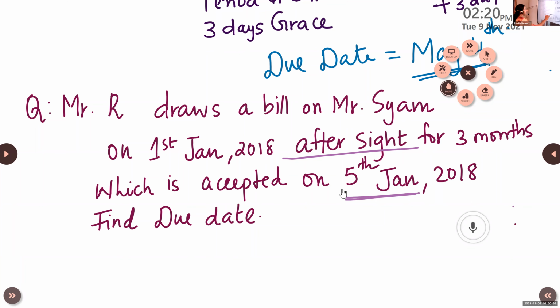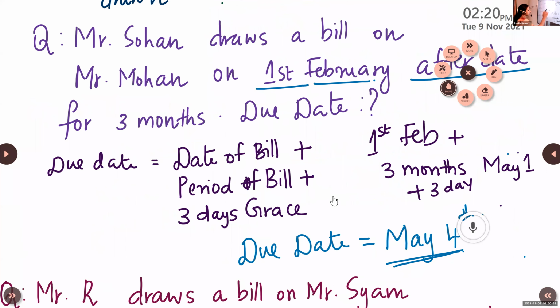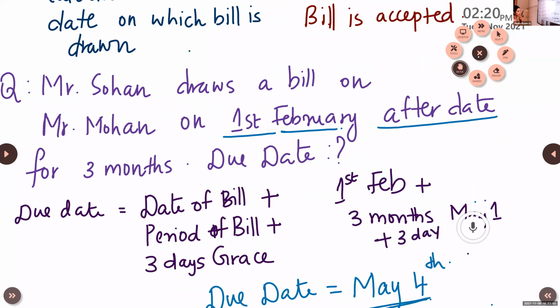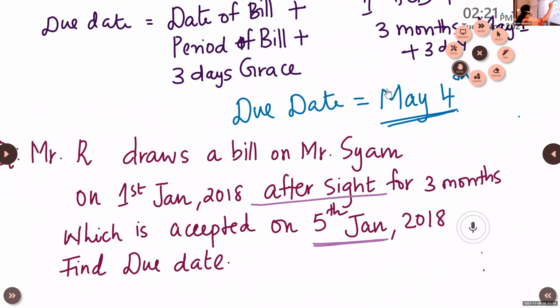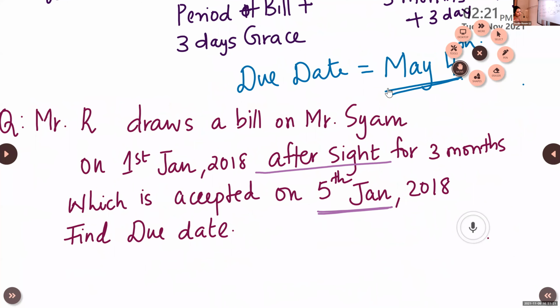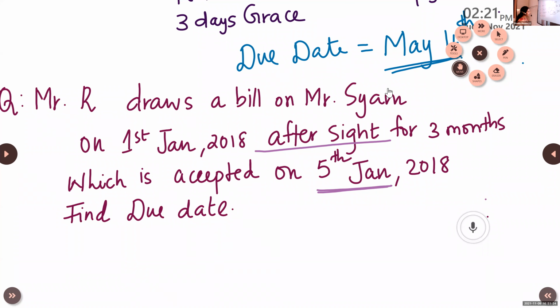When you find after date, then you will consider the date of bill to find the due date. At the same time, if you find the word after sight, that's why I made you write this in the previous class, then for the calculation of due date, you should consider date of acceptance. Am I clear to you?